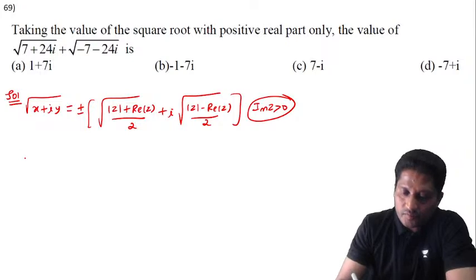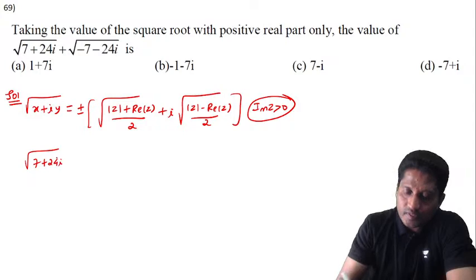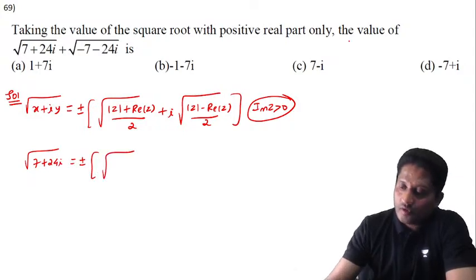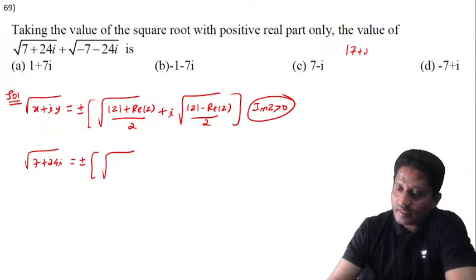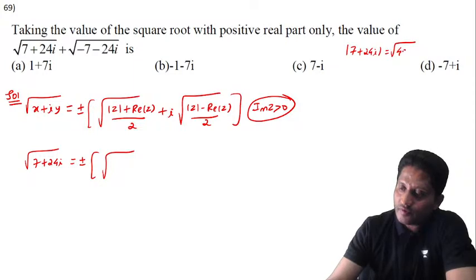So if I suppose find out root of 7 + 24i, this is equal to plus minus root of (modulus of z + real part of z)/2. Modulus of 7 + 24i is root of 49 + 576, so root of 625, which is 25.